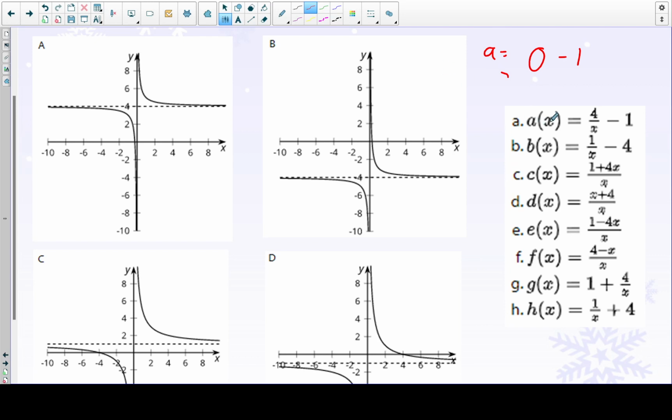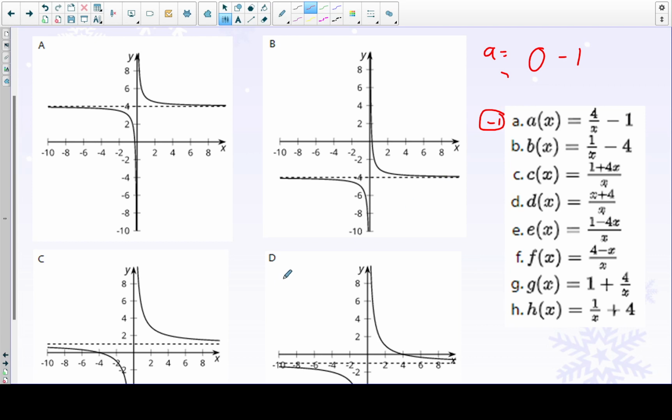So when we think about x, we want to think about what x is doing when it's really big. And it actually doesn't even matter if it's positive or negative. We don't care about the actual sign, because 0 or -0, it's still just 0. So we can just say big, and sign in that case doesn't matter. So I'm going to put in -1. This function has a horizontal asymptote at -1.